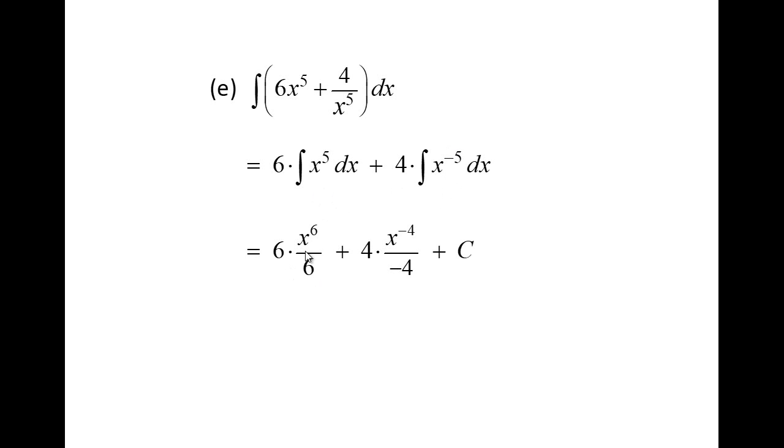So we get 6x to the 6 over 6 plus 4 x to the negative 4 over negative 4 plus the constant of integration, and this would be x to the 6 minus x to the negative 4 plus c. And finally I'm going to rewrite that as x to the 6 minus 1 over x to the 4 plus c. So this is the general antiderivative of the integrand right here.